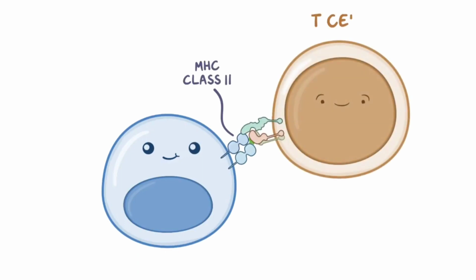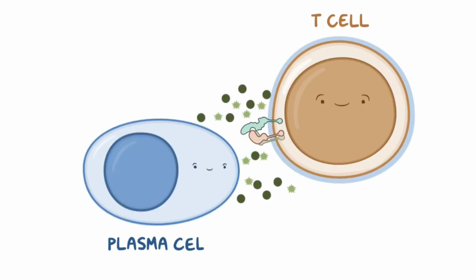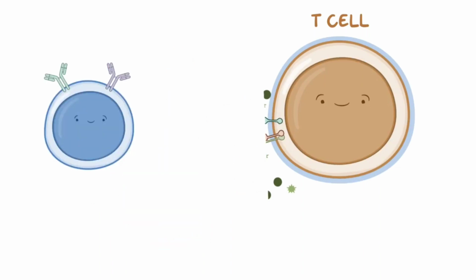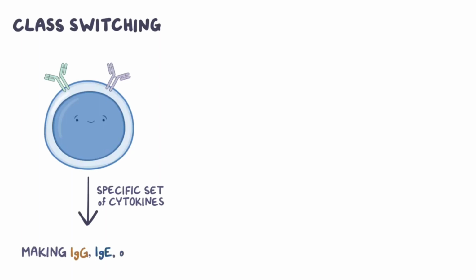If a nearby T cell receptor recognizes this antigen bound to an MHC class II molecule, the T cell releases cytokines that make the B cell differentiate into a plasma cell, which is a cell that makes lots of antibodies. The specific set of cytokines received by the B cell determine how it class switches, meaning whether it switches from making IgM and IgD to making IgG, IgE, or IgA.